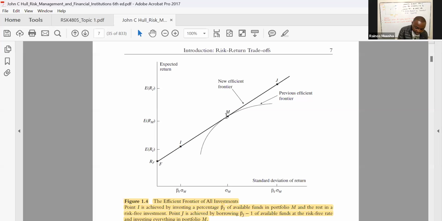You're borrowing a certain amount and investing it to earn a higher rate of return, so you earn that net return, which means your efficient frontier becomes a linear efficient frontier instead of being curved.